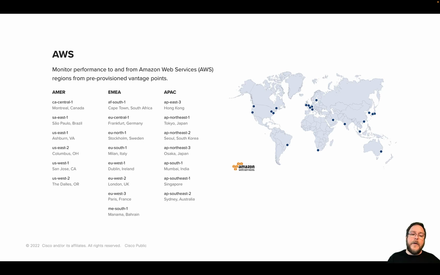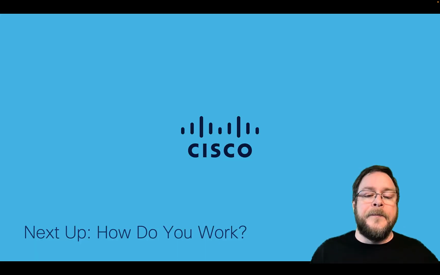And AWS has deployed many of these agents across their public cloud infrastructure. We can supplement that by deploying our own AWS EC2 instances wherever we want inside our own virtual private clouds.